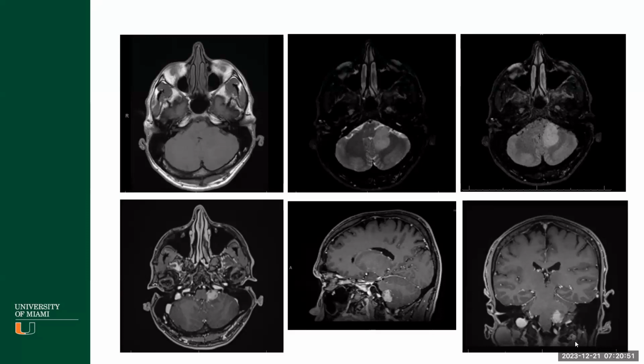In terms of a differential, it would be hard to nail down without a biopsy, but you could consider maybe a glioma. A met would be pretty rare in this situation. It doesn't necessarily look extra-axial, so I wouldn't 100% consider a meningioma at this point. Looks like it's an intra-axial lesion.